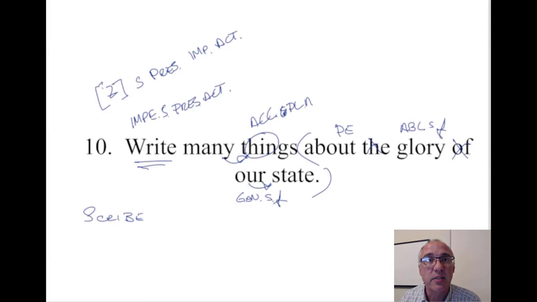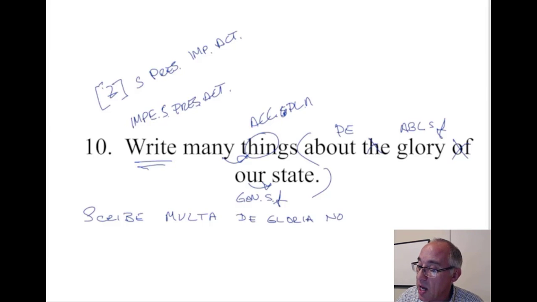Many things. What construction do you have, very Roman in this case, that you can use? The substantive use of the adjective. Multa. Write many things. De gloria. You can say, well, it mentions state and not country. That's fine.